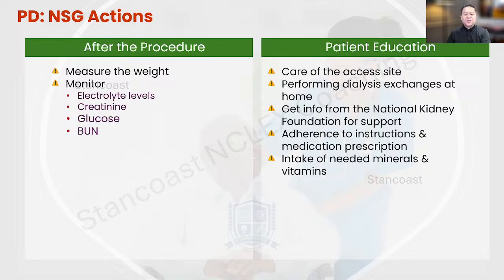So we want to make sure that our patient is also taking in the essential minerals and the vitamins that they need in order to stay healthy. And we're talking about also keeping to the dietary changes so that they're getting what they need. And so for those older adults, they might need some support.